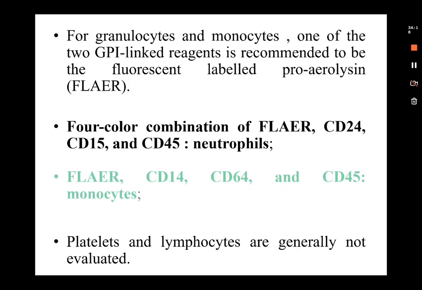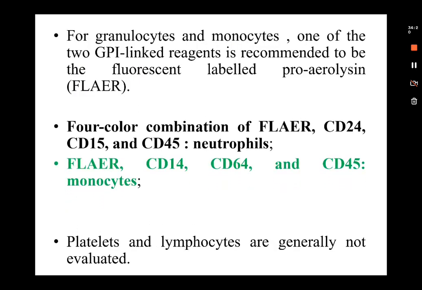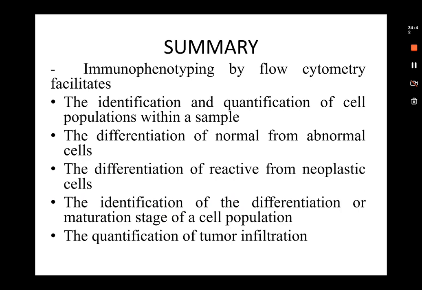And for granulocytes and monocytes, one of the GPI linked reagents used is FLAER, which is fluorescent labeled proaerolysin. So for neutrophils we use FLAER, CD24, CD15 and CD45. For monocytes we use CD14, CD64, which is characteristic, and we use FLAER and CD45. And for RBC we use CD235 and CD59.